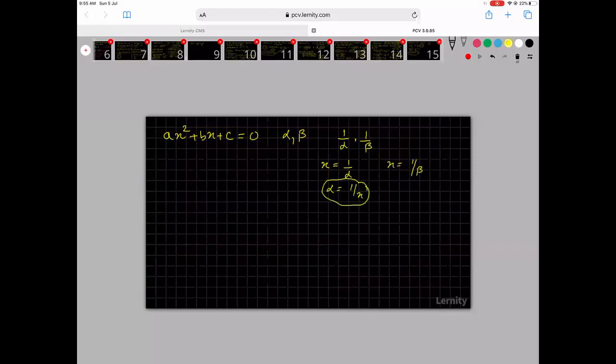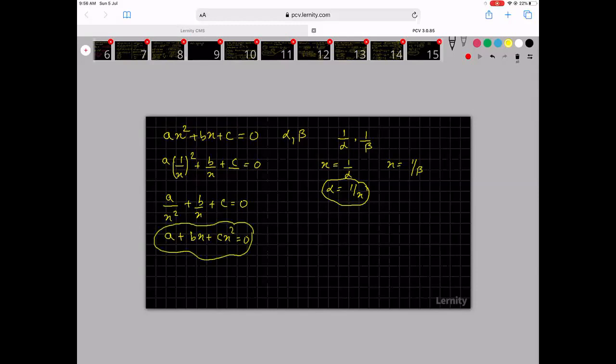If I substitute this, I put a into 1 upon x the whole square plus b upon x plus c is equal to 0. So I'll get a by x square plus b by x plus c is equal to 0. Now if I take LCM, I'll get a plus bx plus cx square is equal to 0. So an equation whose roots are reciprocal of this will be this much.